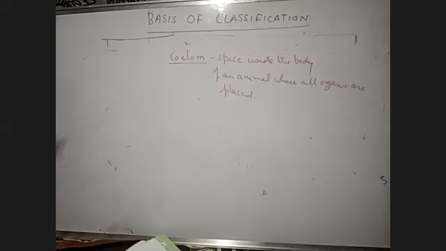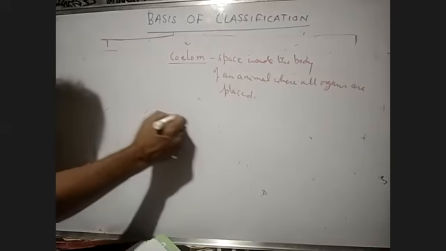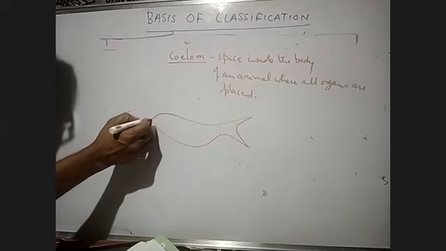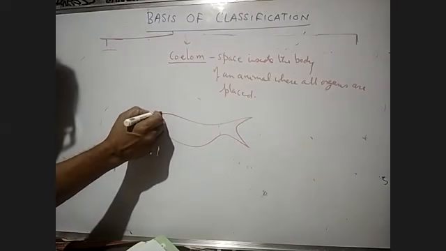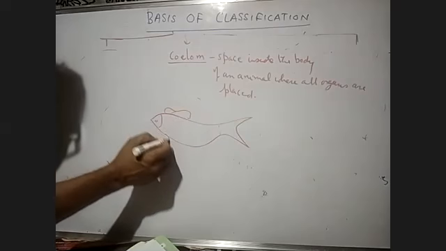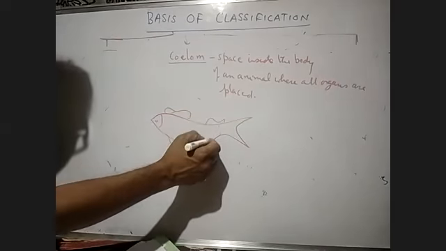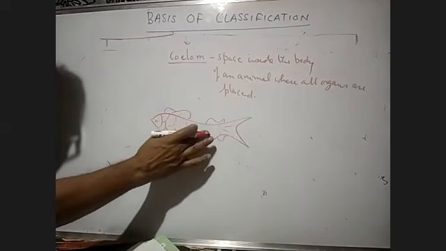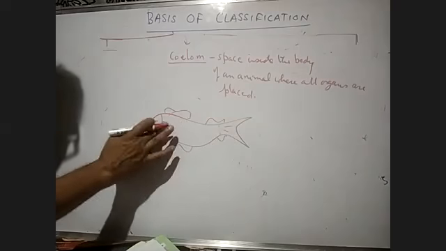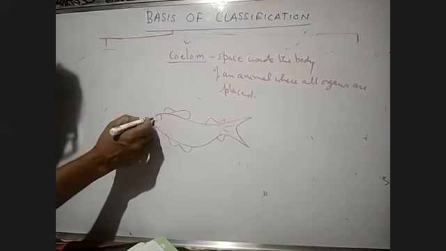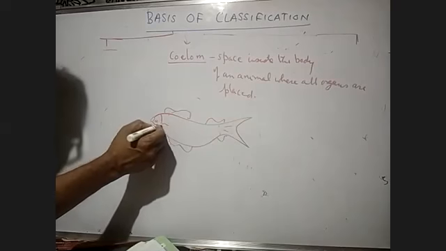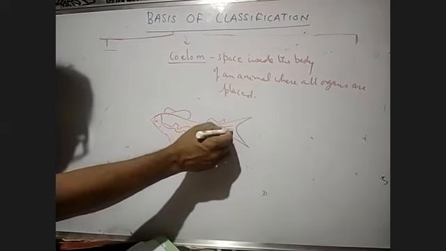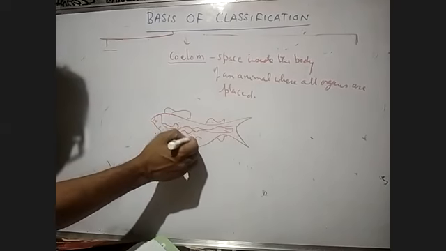Suppose I am taking the example of a fish here. Now what happens if you cut the animal? Inside, this is the mouth we get, and here we get the digestive system and all other organ systems.